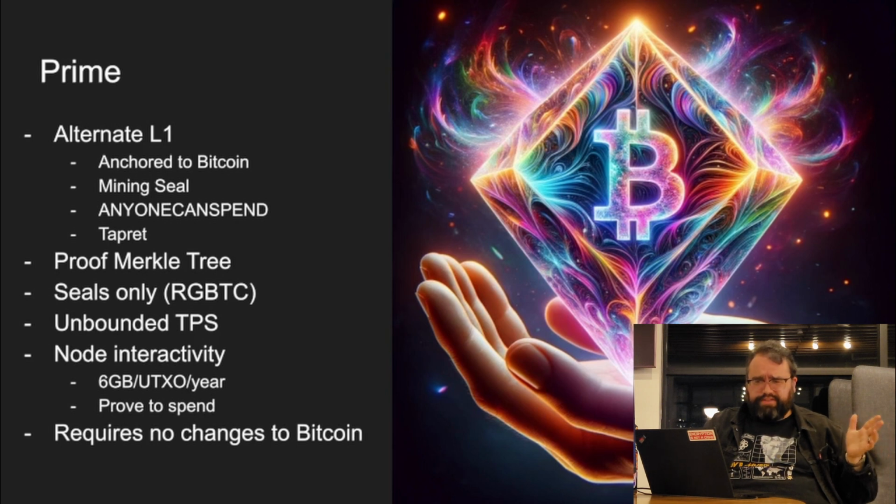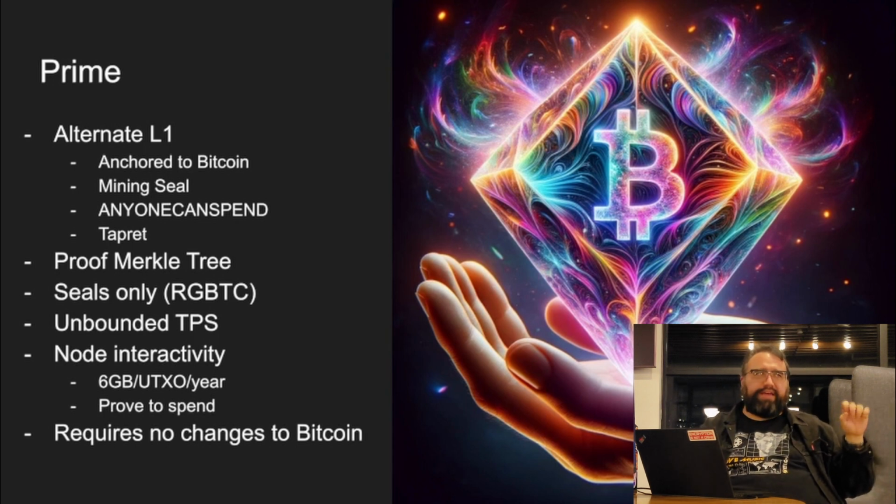Also, there is one problem with it, though, which is that it requires node interactivity for you to be able to spend your UTXOs. What I mean by that is, if you wanted to spend your UTXOs now, you needed a wallet node running, keeping track of all the blocks happening in the Prime network, and it would need to pick up just a little bit of data for every block and keep track of that for you to be able to prove that you can spend your UTXO.